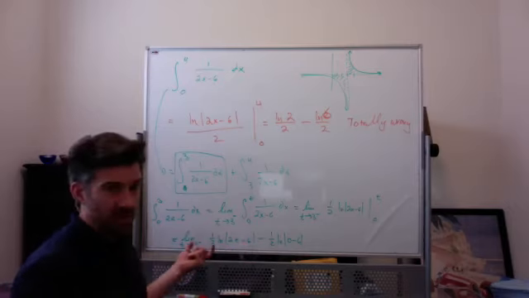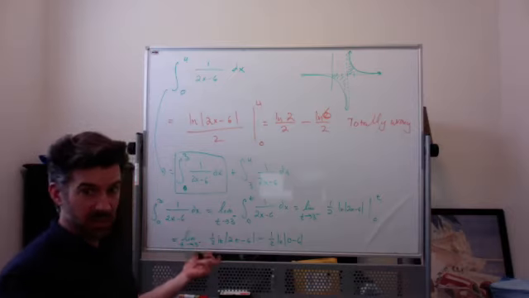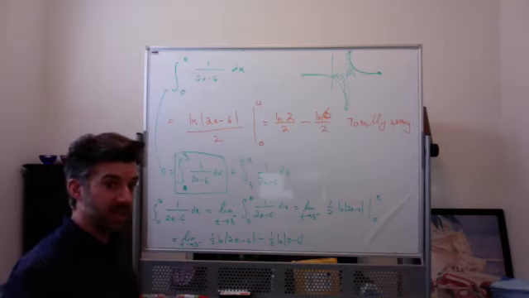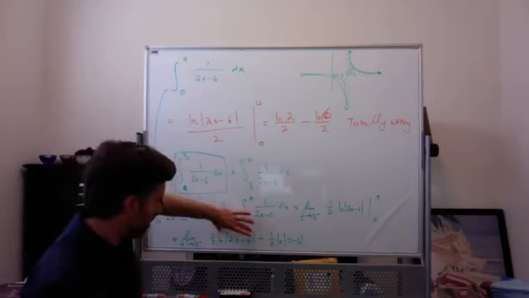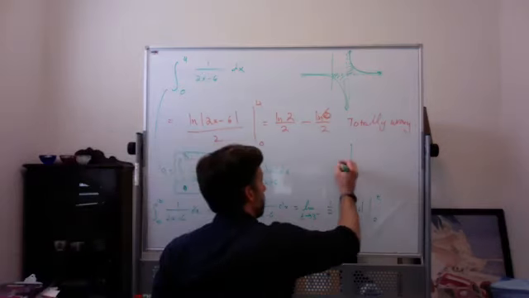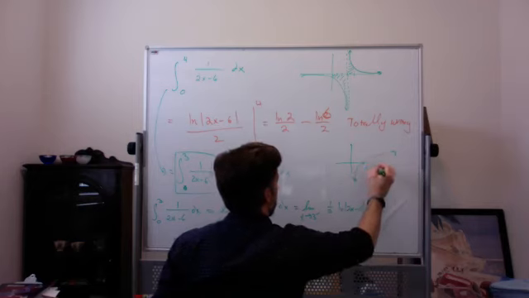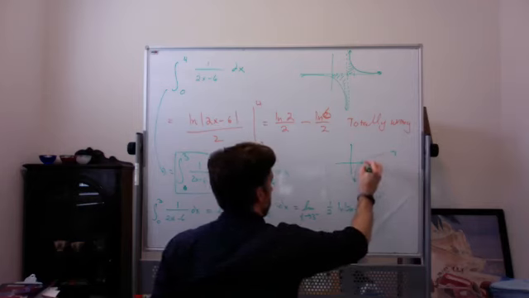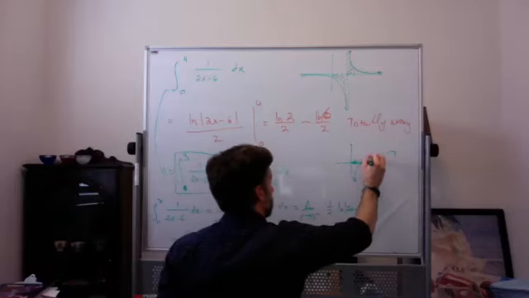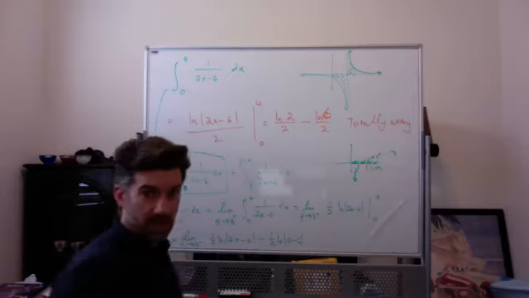When the argument of the natural log function is getting closer and closer to 0, that means the natural log function is going to negative infinity. Right? This part here is going to negative infinity because if you think of the natural log function, it looks like this. And as the x values get closer and closer to 0, the y values get more and more negative, to negative infinity.